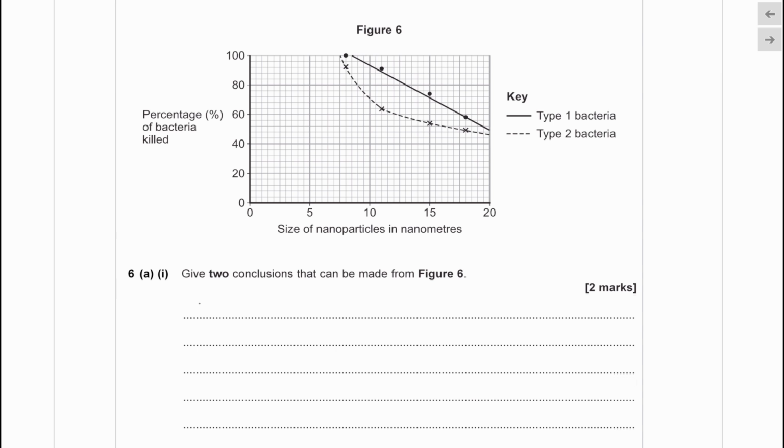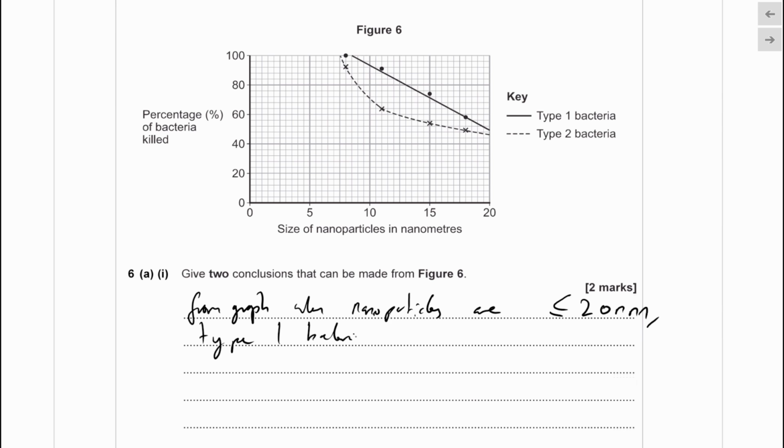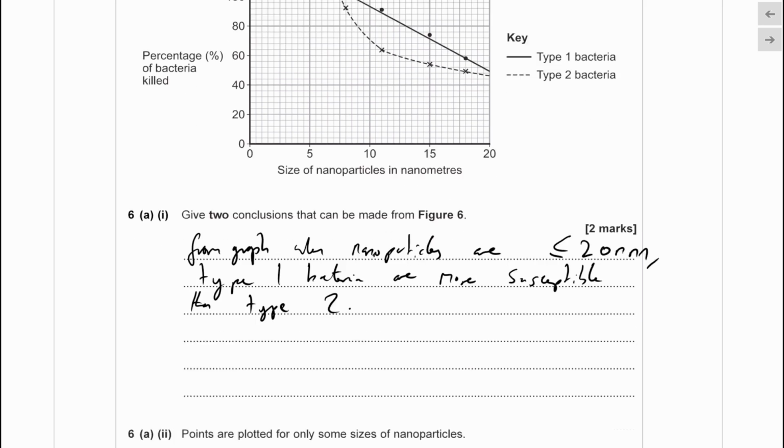So I'm going to say from the graph, when nanoparticles are less than or equal to 20 nanometers, type 1 bacteria are more susceptible than type 2. Susceptible just means that they're killed more easily. Alright, so that's a comparison between the two types of bacteria.